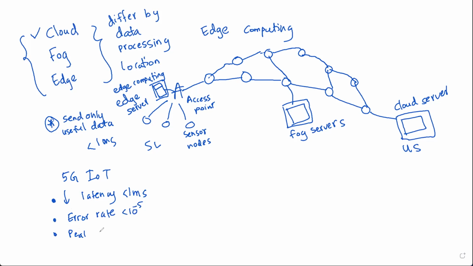The peak data rates must be above 200 gigabits per second. Anyway, the data rates must be at least 10 or 20 gigabits per second for download, and 10 gigabits per second for upload.